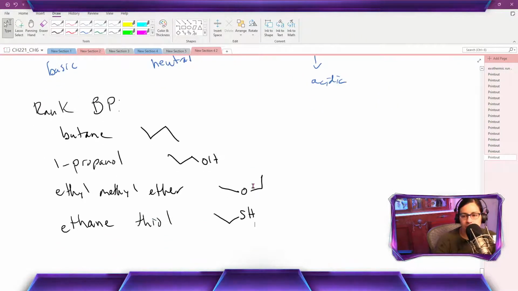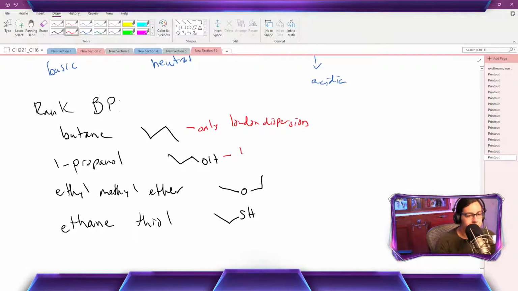And so we could find their molecular weights. They're pretty similar in molecular weights. But let's see if we can order them. So who would have the lowest boiling point? And we want to judge this by their intermolecular forces. So butane only has London dispersion, otherwise called van der Waals forces.